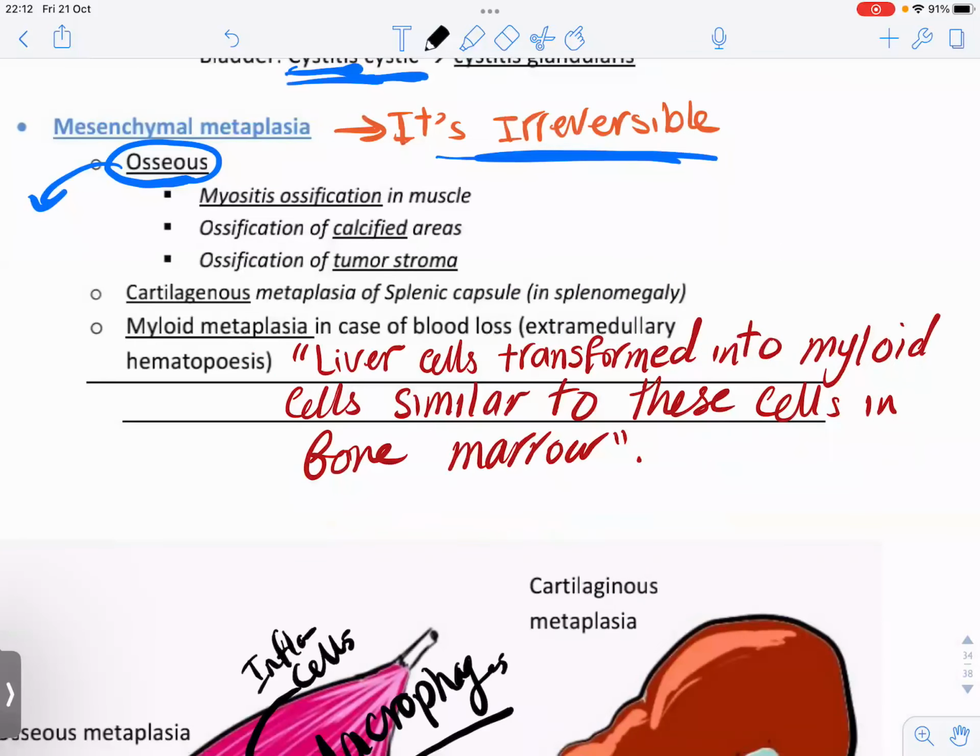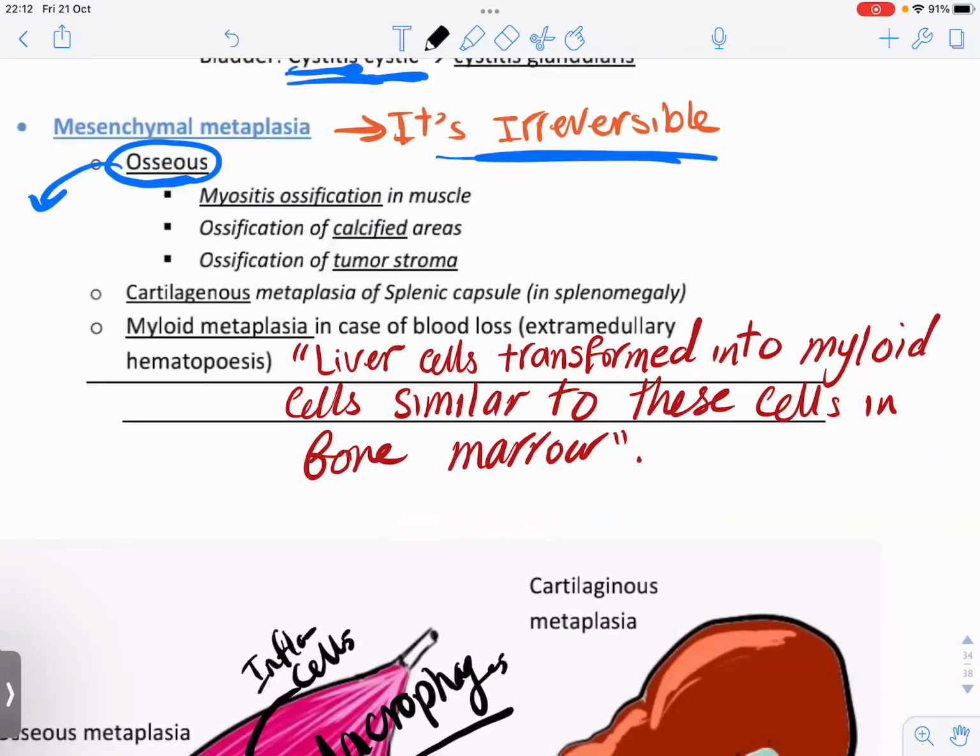Second type of osseous metaplasia, it's called ossification of calcified area. We know, and we will study in necrosis, that some tissue after dying, the calcium will be deposited inside these dead cells, and calcium will collect inside the dead cells, and with the help of some cells called osteoblasts.